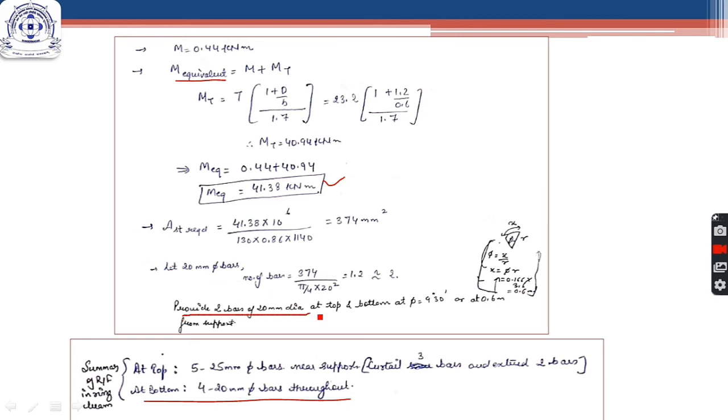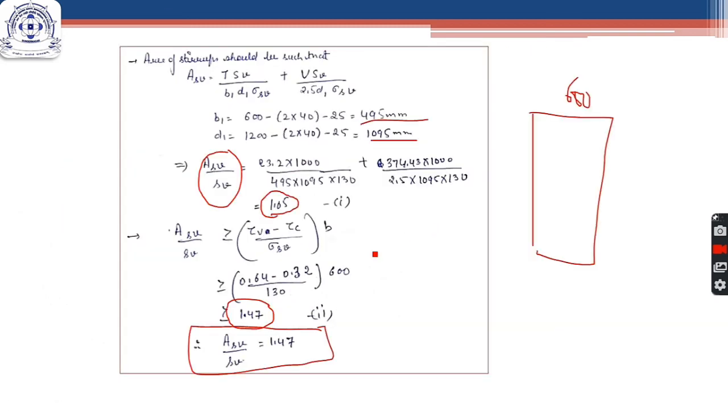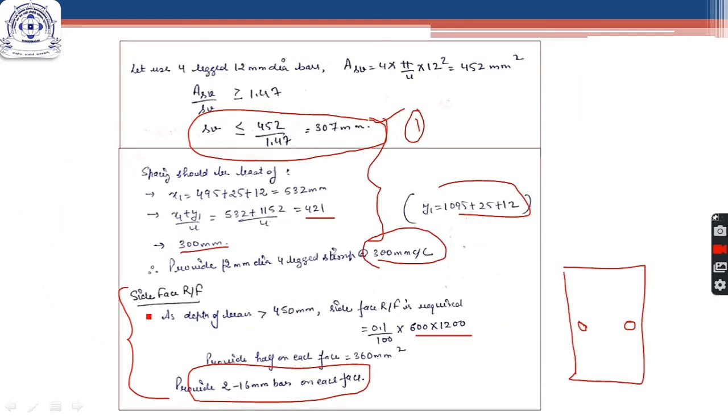So we provided this reinforcement, and combined it with the bending moment reinforcements at top and bottom to get this reinforcement in the ring beam. Then we designed the shear reinforcement for the torsion like this, and then we calculated the side face reinforcement. So now we are done with the design of all the components.